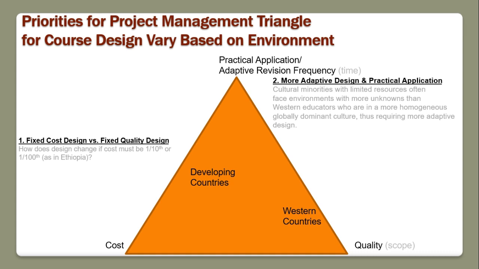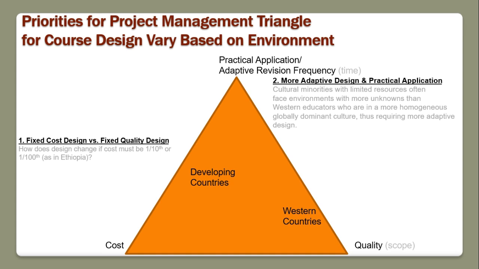And then, often if you're working with cultural minorities as we are, or those in the majority world, you're going to have limited resources where there's going to be a lot more unknowns than Western educators. Western educators work in a more homogenous, globally dominant culture.